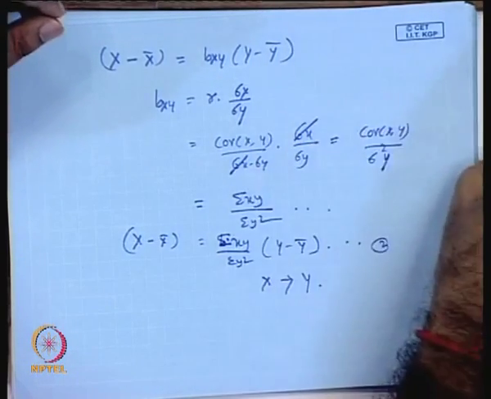So, we have two variables, and corresponding to the two variables y and x, we have two regression equations, y on x and x on y. For y on x, the regression equation is y minus y bar equal to byx into x minus x bar, and for x on y, it is x minus x bar equal to bxy into y minus y bar.